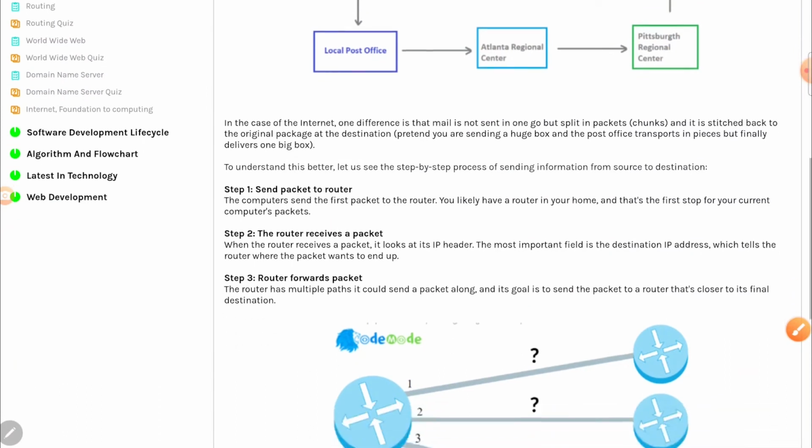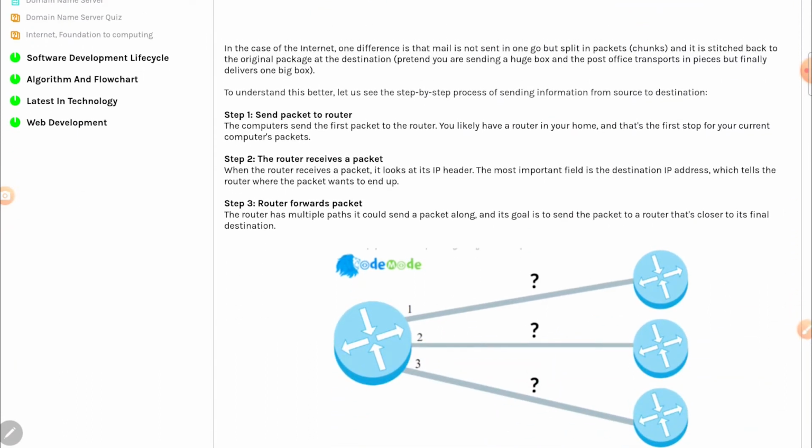In the case of email, or when data is transferred from one computer to another over the network, the same thing happens. When you send an email, that email is nothing but data, but your computer may not send all of the data in one go.